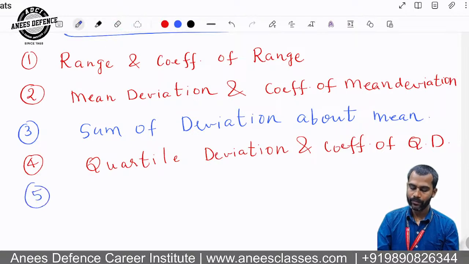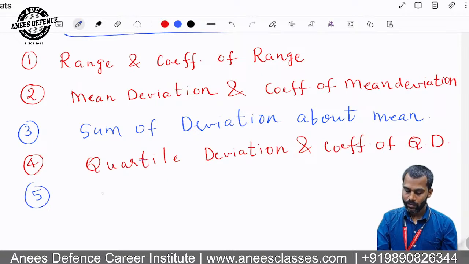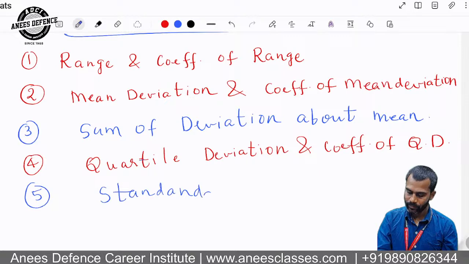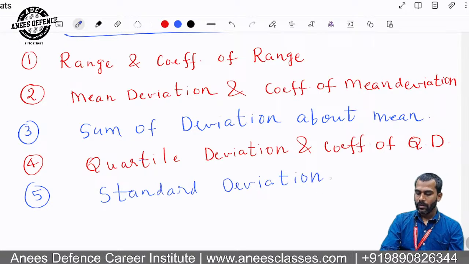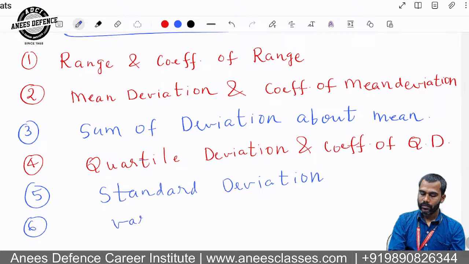Number 5, standard deviation. Number 6, variance.